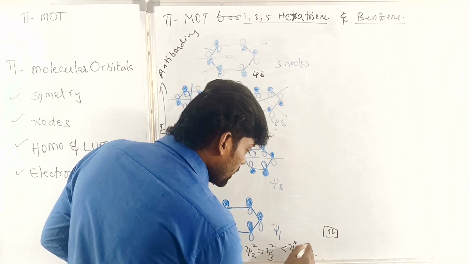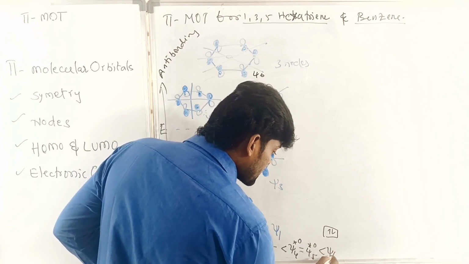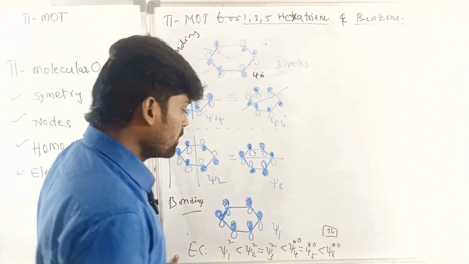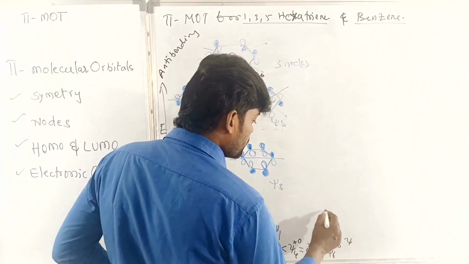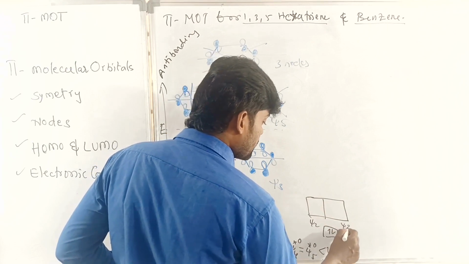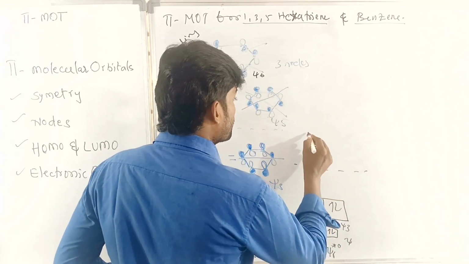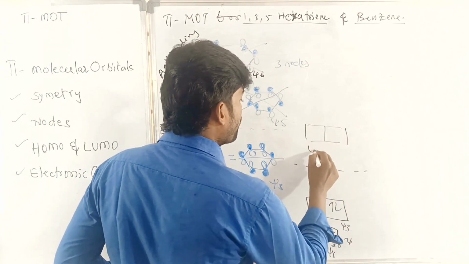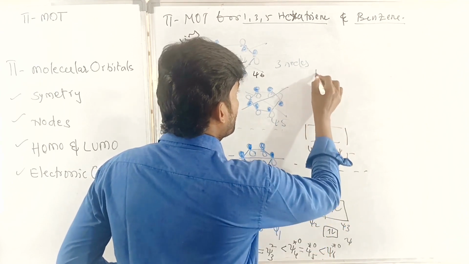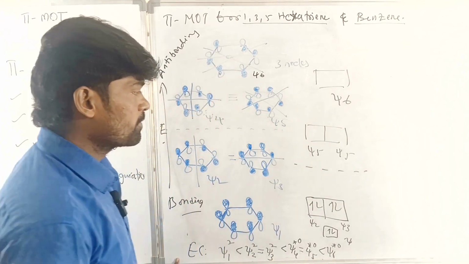They are anti-bonding, so I am giving star marks, and 0 electrons are there, less than psi 6 anti-bonding, 0 electrons are there. Understand what I mean? So psi 1, psi 2 and psi 3 will be occupied, psi 4 and psi 5, 0 electrons, and then psi 6, 0 electrons.